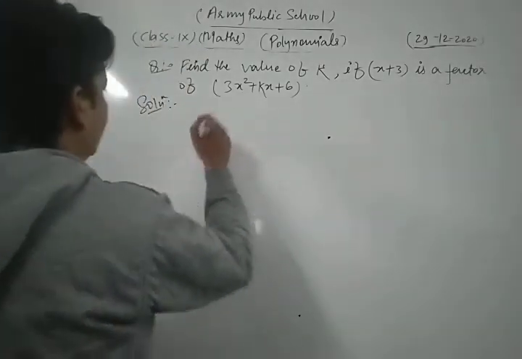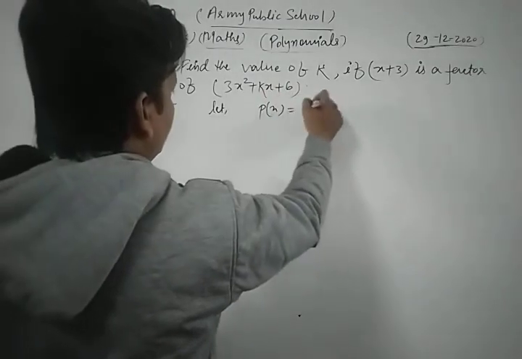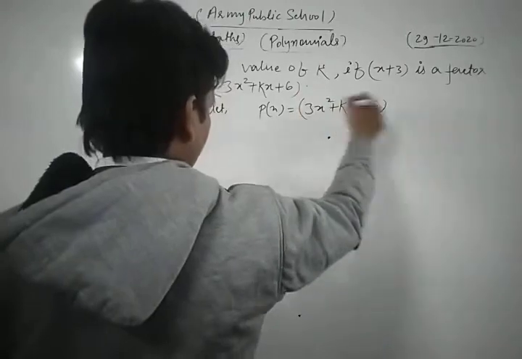First of all, let the given polynomial be p of x equal to 3x square plus kx plus 6.